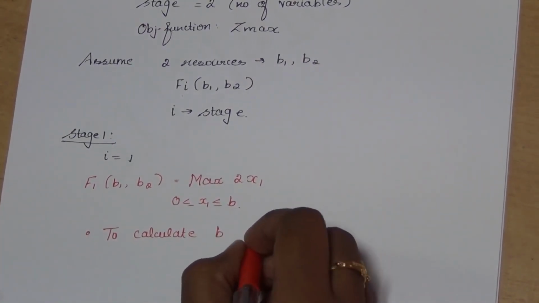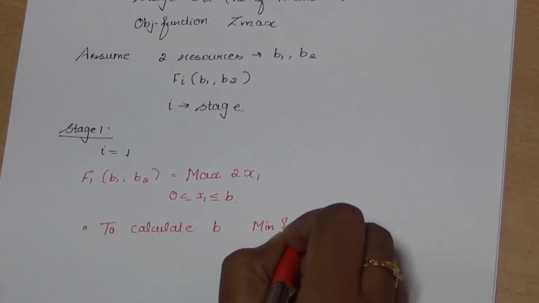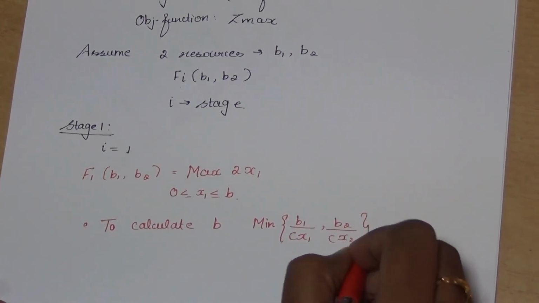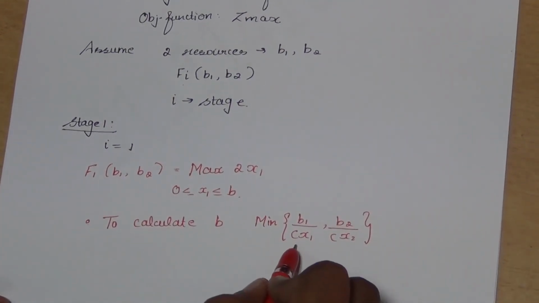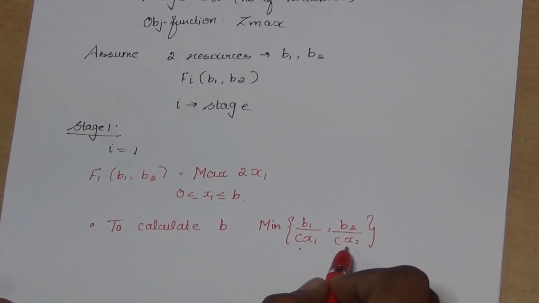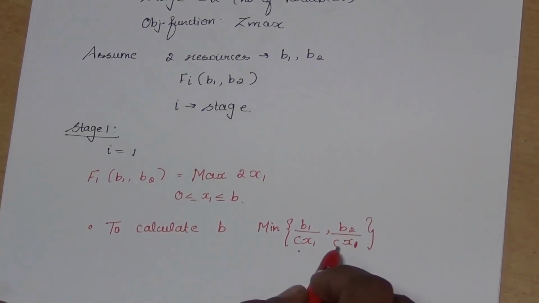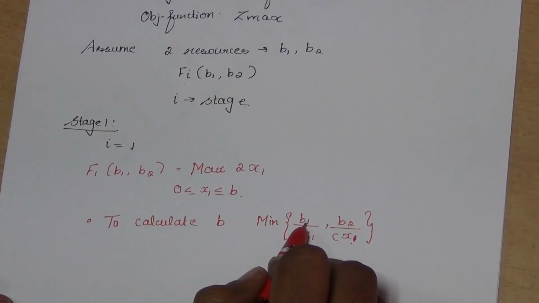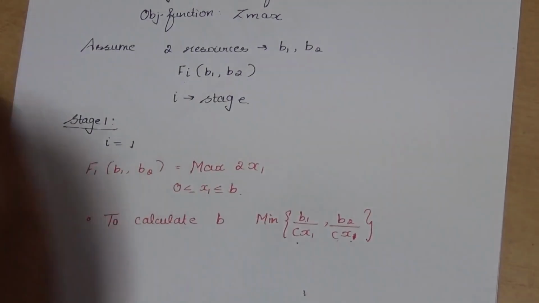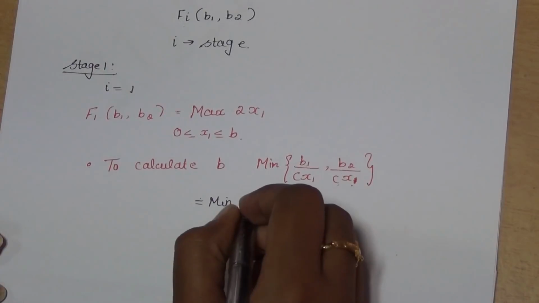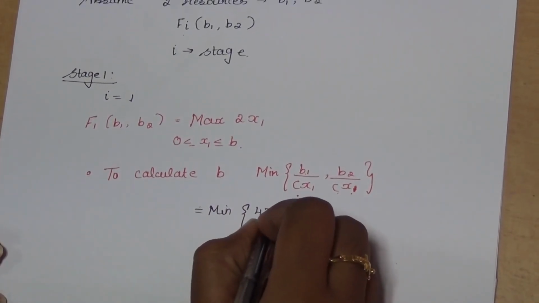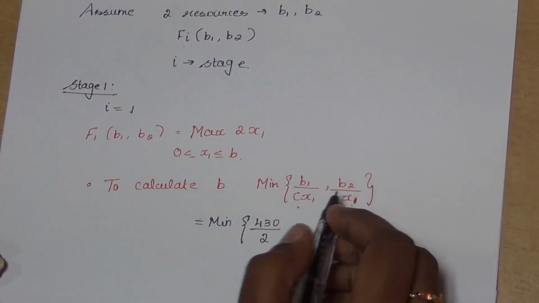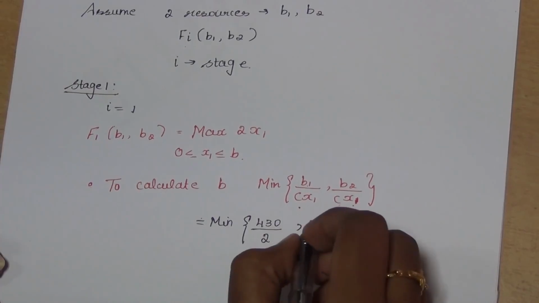the formula used is the minimum of b1 by cx1, b2 by cx2, where b1 and b2 are the resources and cx1 is the coefficient of x1 in the first constraint, and the second is the coefficient of x1 in the second constraint. b1 is the right hand side of constraint number 1, so it will be the minimum of 430, divided by the coefficient of x1 in the first constraint, which is 2, and b2, the right hand side of constraint number 2, 460.